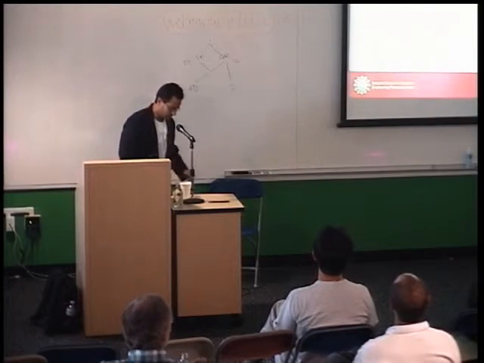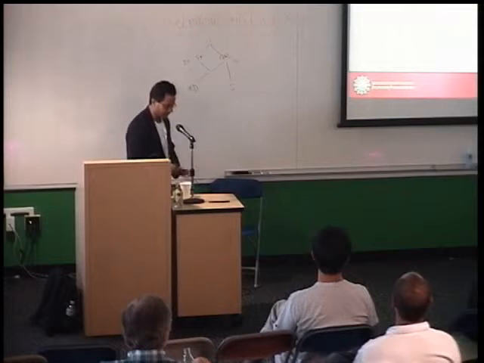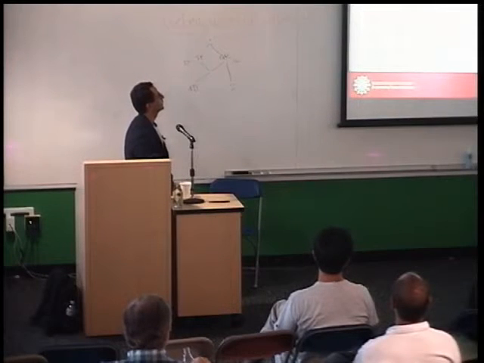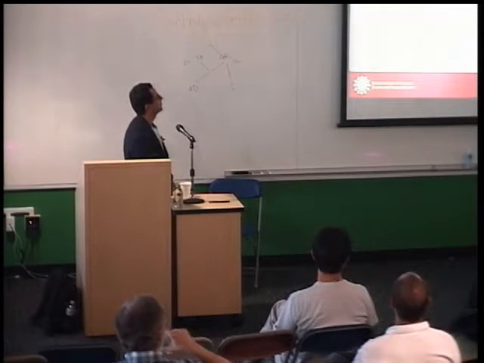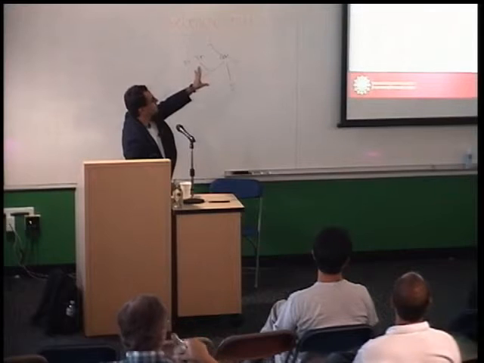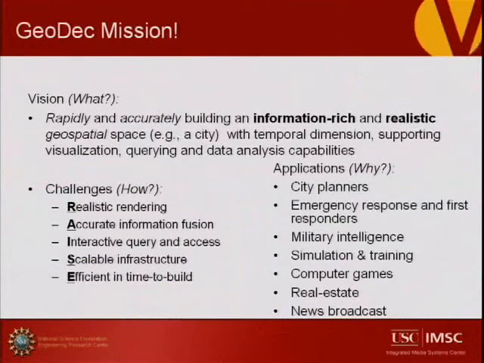In one slide, if I want to summarize the vision of GeoDec and the challenges: the vision is basically we want to be able to build these geospatial spaces, like a city, both quickly and accurately. Those are very operative keywords here.